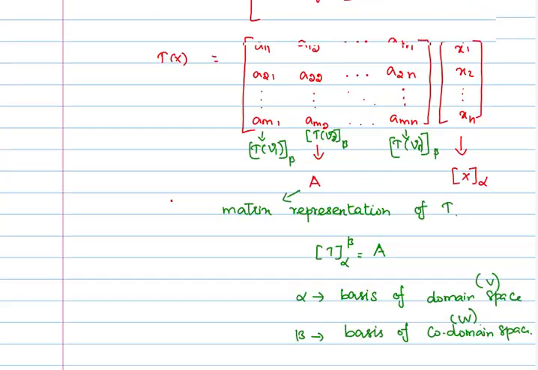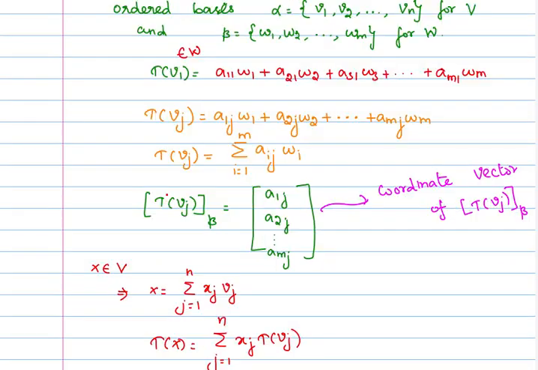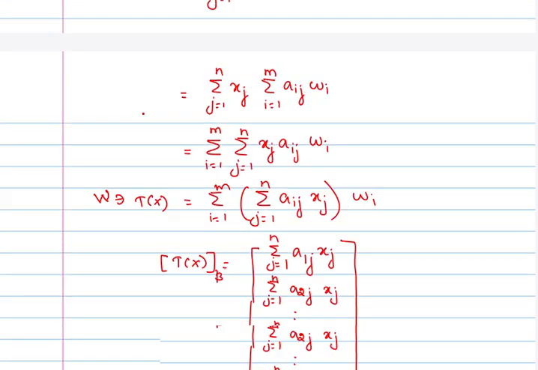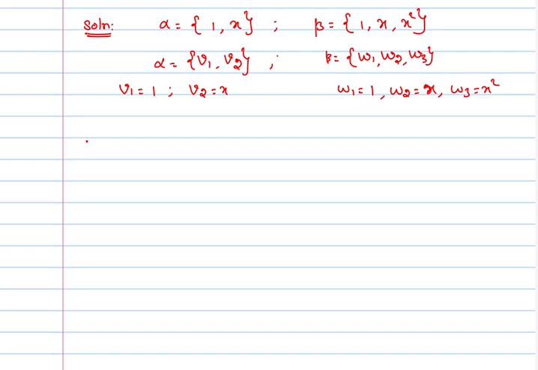From the theory, I want to check T of Vj, correct? So first we start with T(V1), that is T of 1.